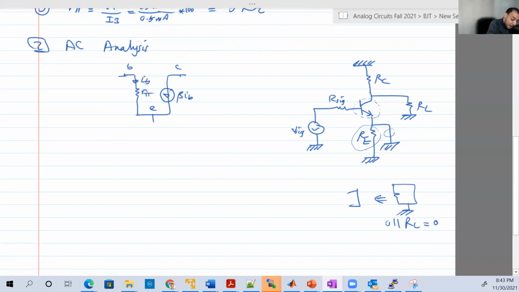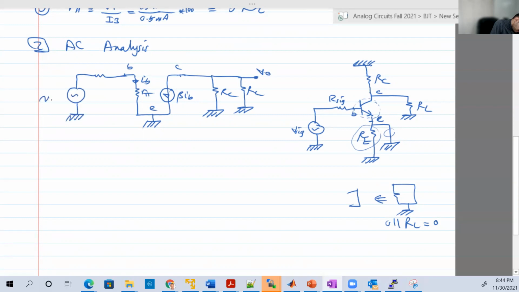Then connect to that. Now the emitter, because we canceled RE, is connected to ground, which will make the analysis really easy. Here is a collector. It's connected to 2 branches, RC and RL. And here is VO. Here is the base, just 1 branch, which is our signal. And this is really very simple circuit to analyze in AC.